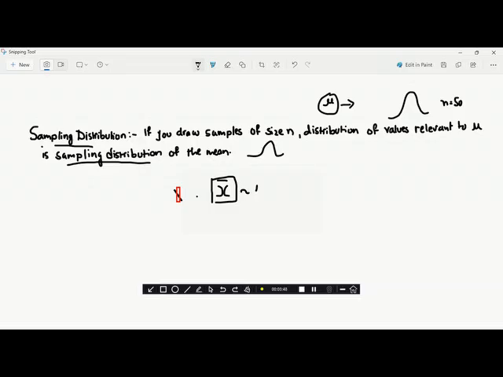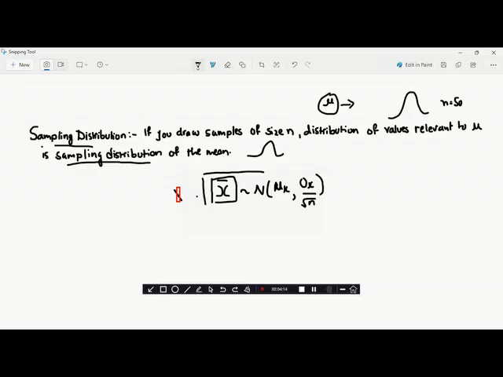This is approximately normal with your average, the average of the population, and your standard deviation, the population standard deviation over root of your sample size, which is n.